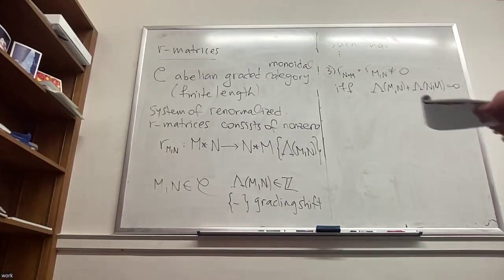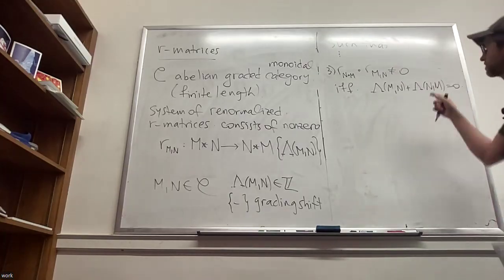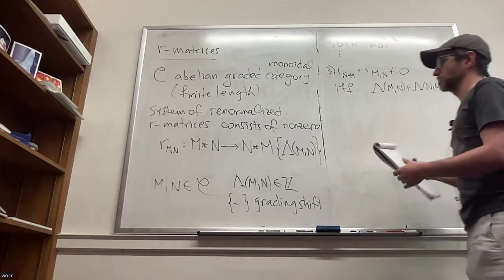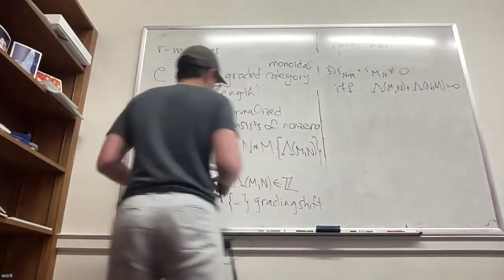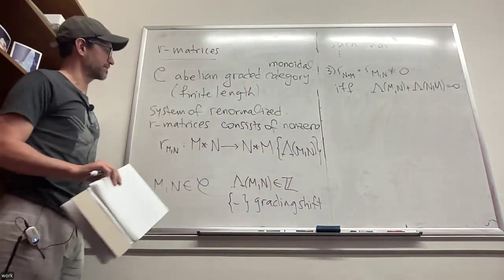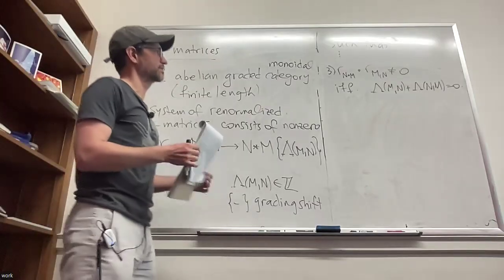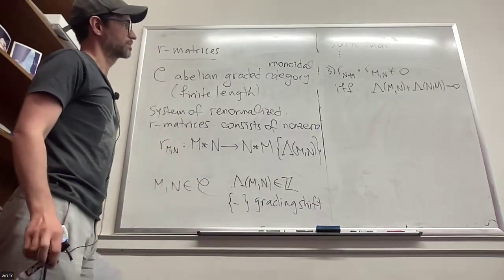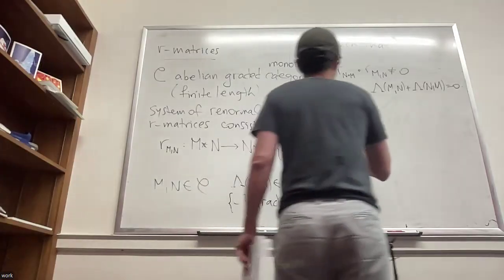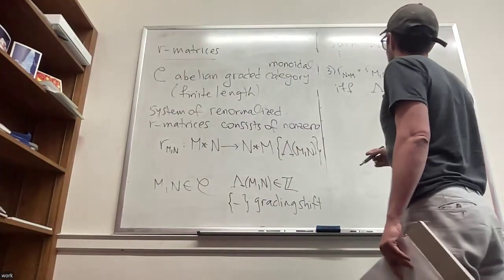So little things like that. In particular, the point here is that most of these maps, you should think of them as not being isomorphisms. It's very rare that it's an isomorphism, this map between compositions.